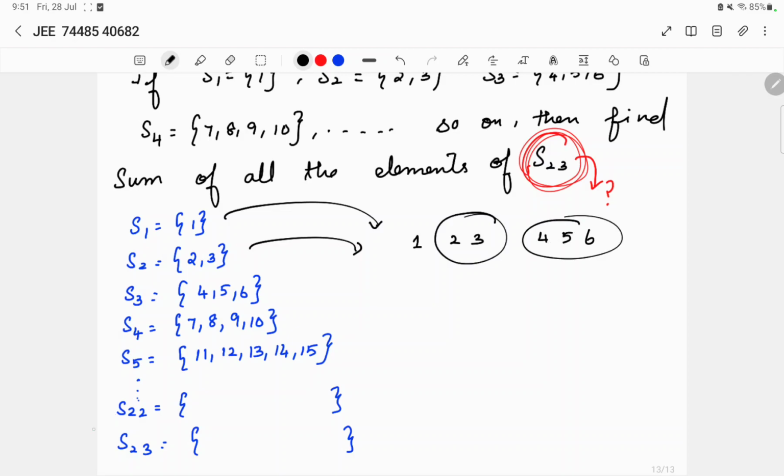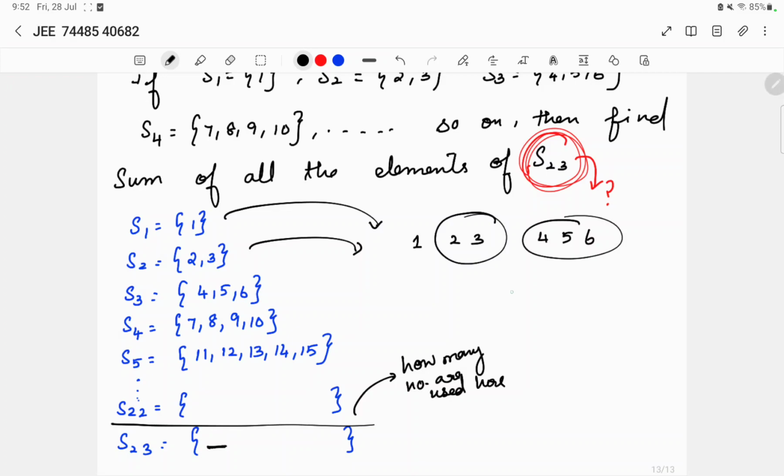So what we have to find is, till this S22, how many numbers are used? We have to find that, because we have to find the starting number of this S23.